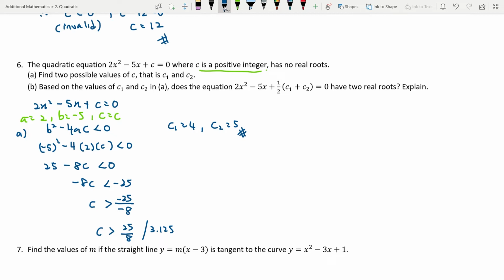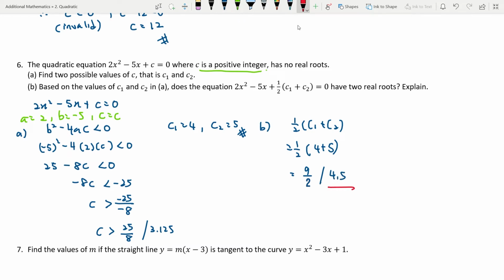B. Based on the values of c1 and c2 in A, does the equation 2x² - 5x + ½(c1 + c2) = 0 have two real roots? Explain. Half of c1 plus c2 is equal to half of 4 plus 5, which is 9 over 2 or 4.5.